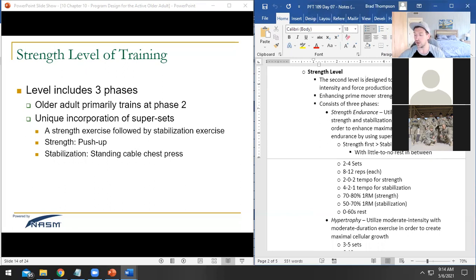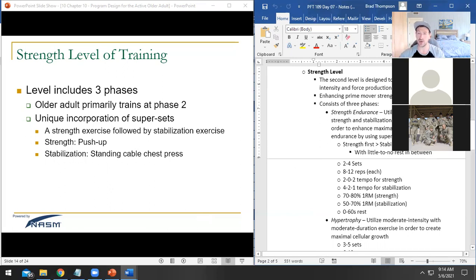However, it should be noted that you are actually going to do a superset technique whenever you are in strength endurance. And phase 2 is almost like phase 1.5 because it's easing out of stabilization. It's not really jumping super hard into the strength level.